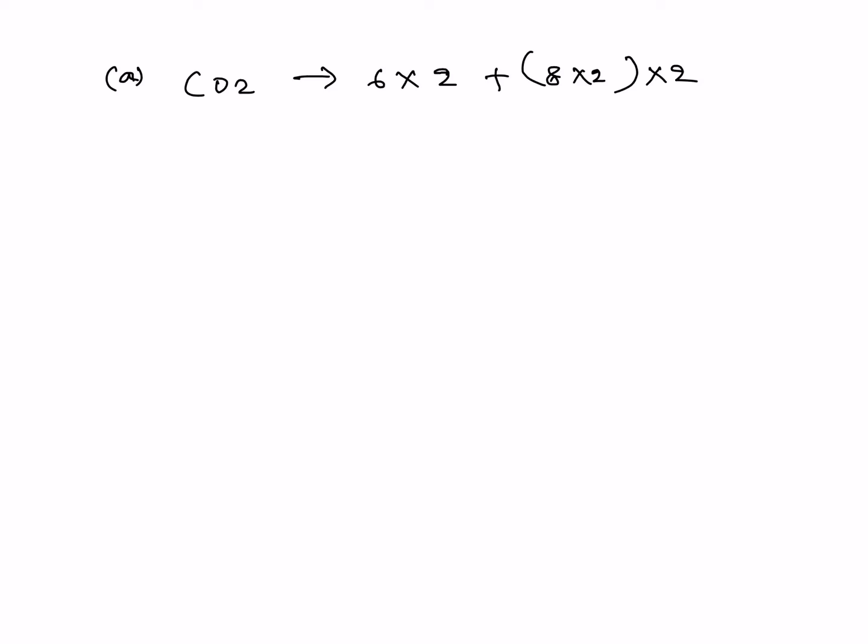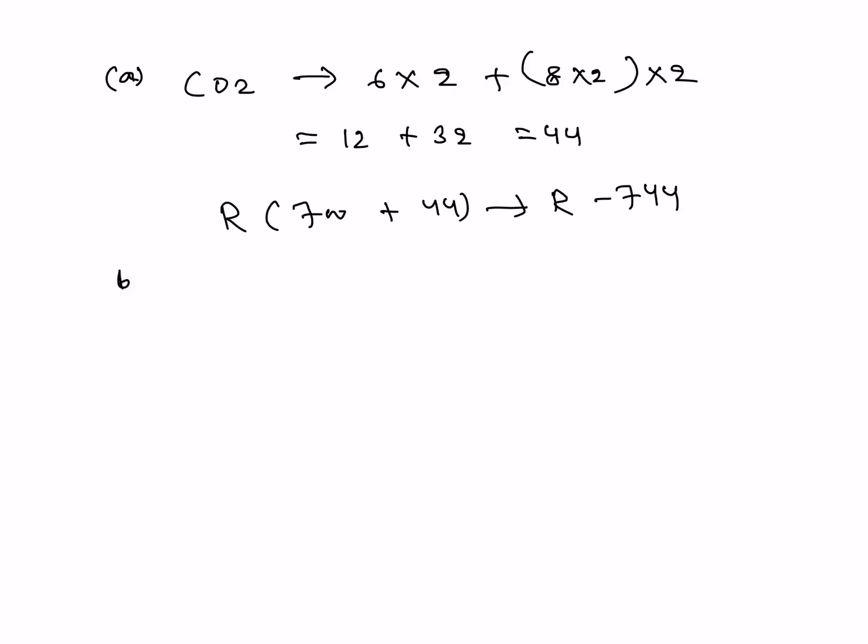O2 means again you multiply 2. How much you will get? 12, then 32, 44. R700 plus 44. Designation is R744. So this one is not possible. Option A not possible. Then B no need to check.